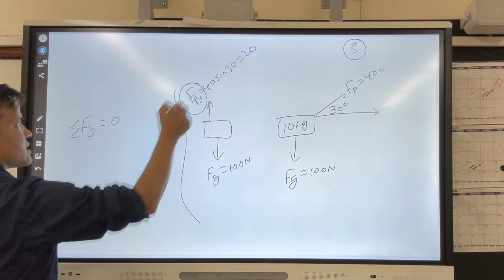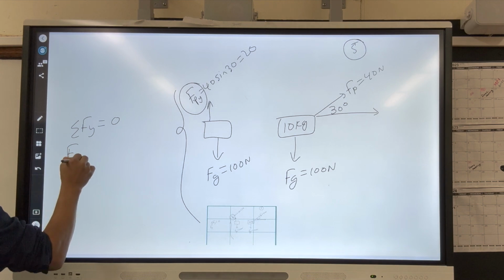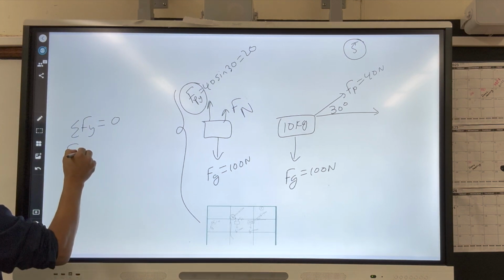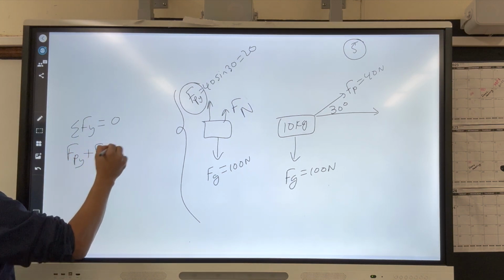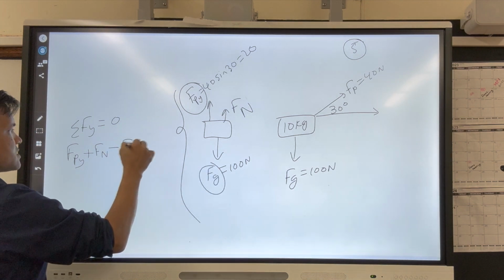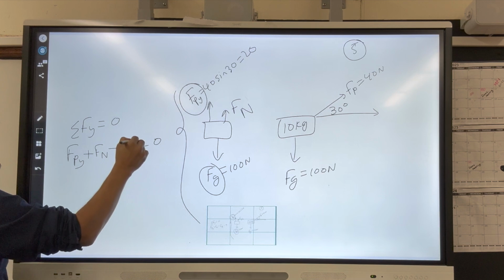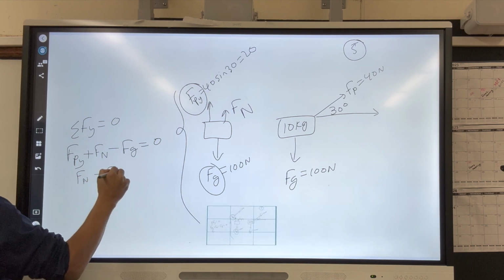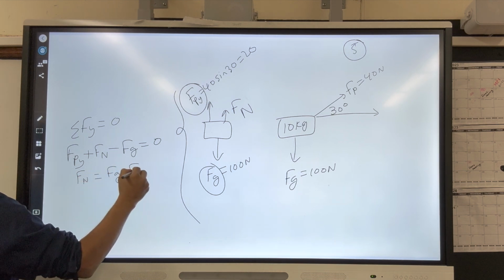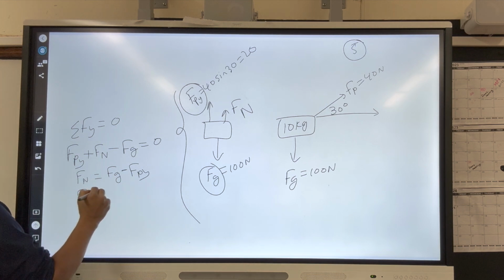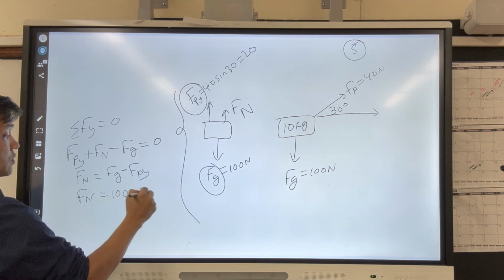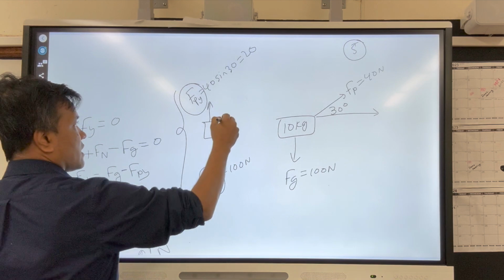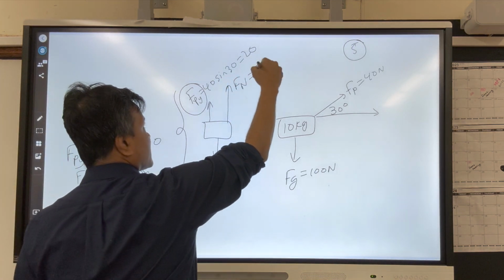So the table writes Fp in the y direction, the table writes F normal, the table writes Fg is equal to 0, right? So F normal is equal to Fg minus Fpy. So 100 minus 20, Fn is 80. So the applied force, normal force is 80 Newton.